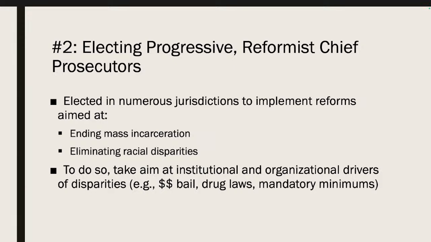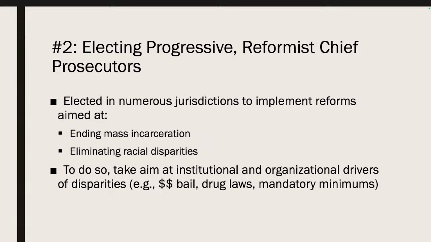And these reformist progressive prosecutors, they campaigned on ending mass incarceration by getting rid of, or more accurately, reducing the use of some of the draconian practices that led to mass incarceration, and eliminating racial disparities in prison populations and those sent to prisons.